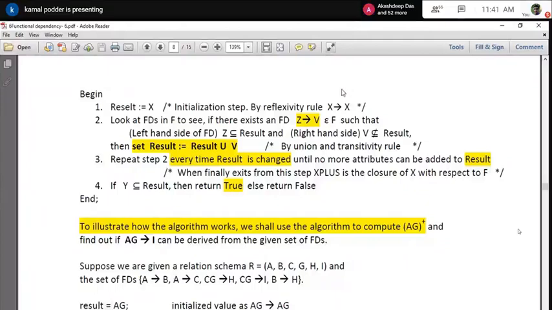Okay. So naturally, what we'll do. This is very important. Now we have to examine one by one FD. Take the left hand side of the FD. If there is an FD, take the left hand side of the FD.